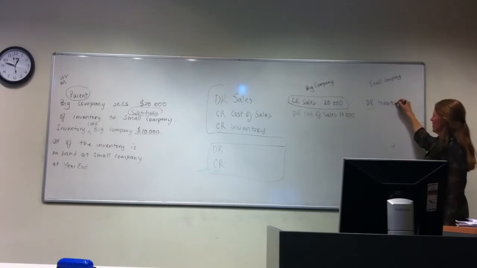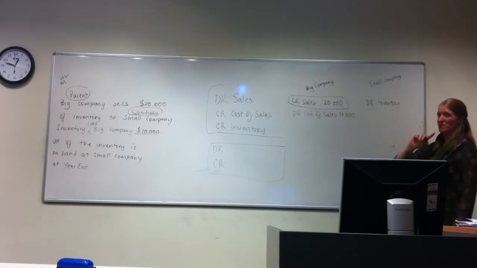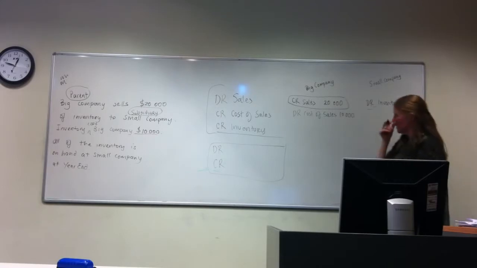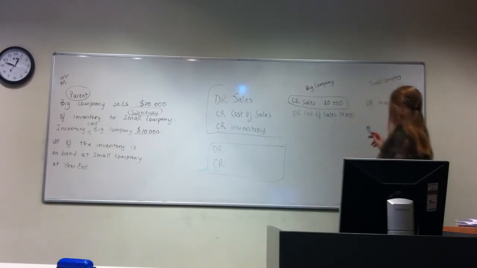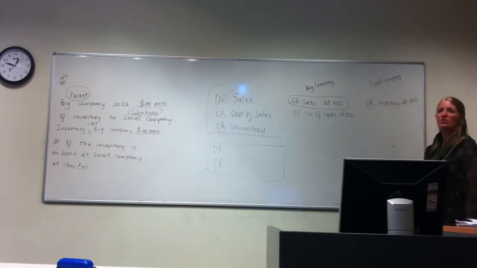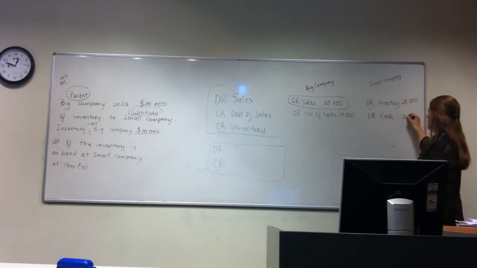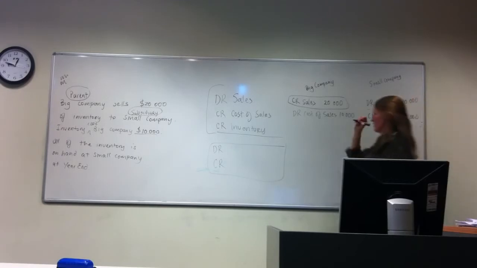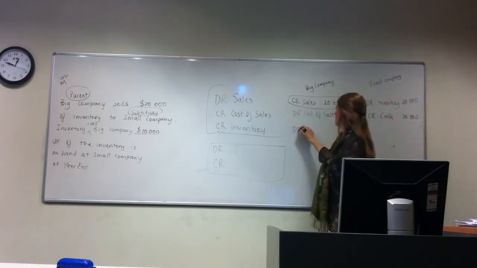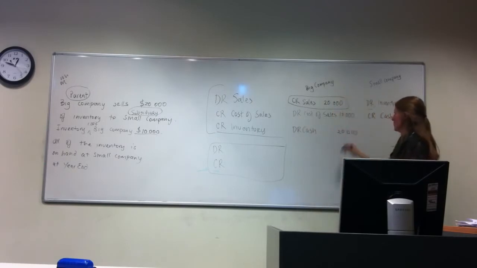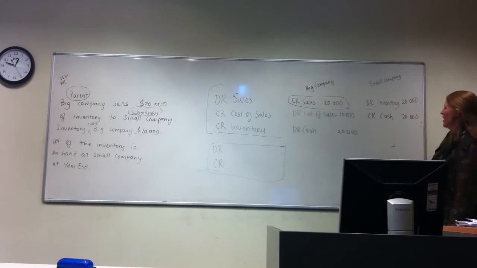Would you agree? We're going to debit inventory with what? Yeah, so small company has now got inventory of 20,000. Obviously, cash has moved, so we're going to credit cash 20,000. These guys are obviously going to get cash, so we're going to have a debit of cash of 20.